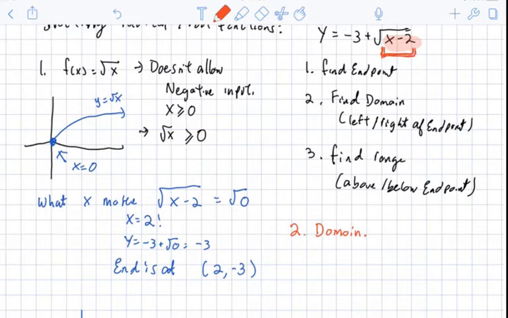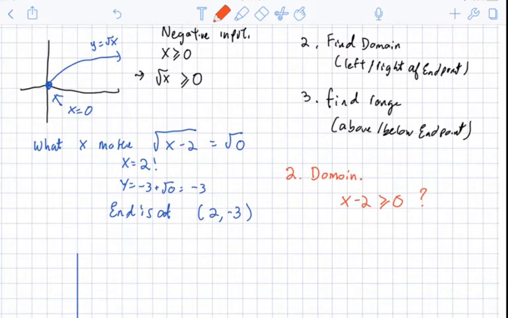So you take the thing inside the square root and ask yourself, where is this positive? And that's something I've taught you how to do. You know it's positive when x is bigger than 2. Great. So the domain is x bigger than 2.